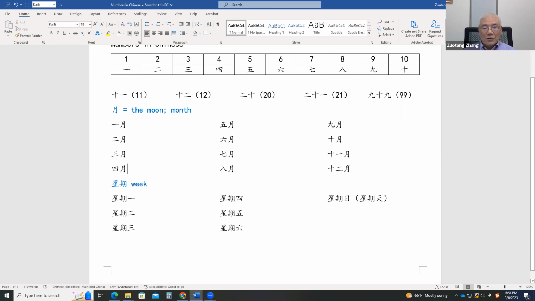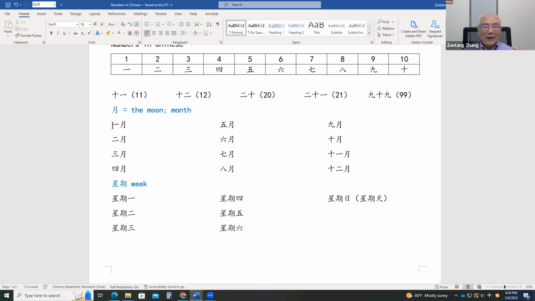Okay, so you can see by yourself that in less than 10 minutes, you have learned how to count from 1 to 10 and possibly from 1 to 99. And after learning the word month, you know how to say 12 months in the Chinese language.